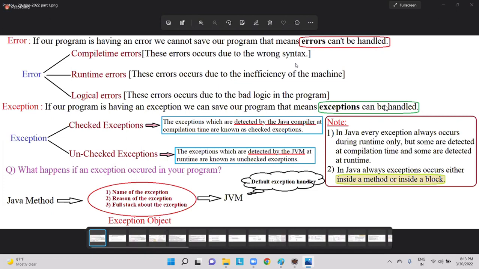Some exceptions are detected at compilation time and some are detected at runtime. The exceptions detected at compilation time by the Java compiler are known as checked exceptions, and the exceptions detected by the JVM at runtime are known as unchecked exceptions. All these concepts we covered in yesterday's class.